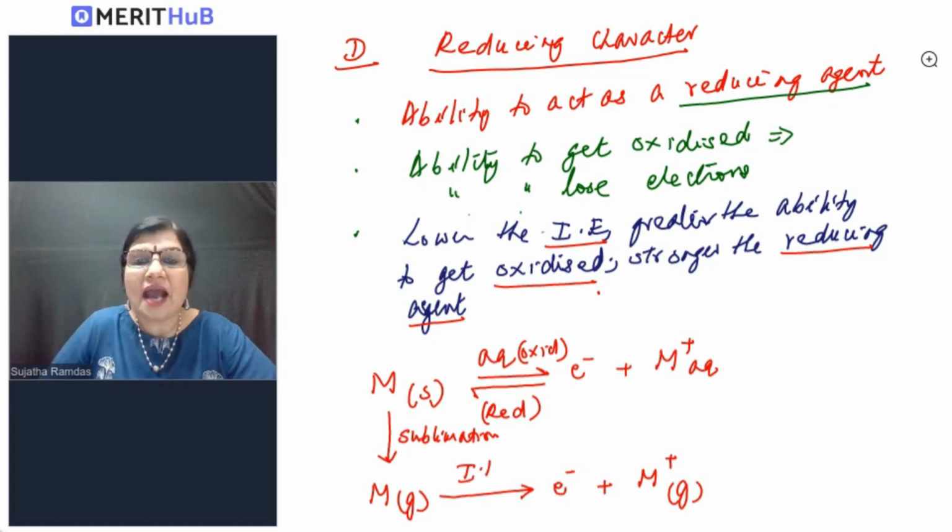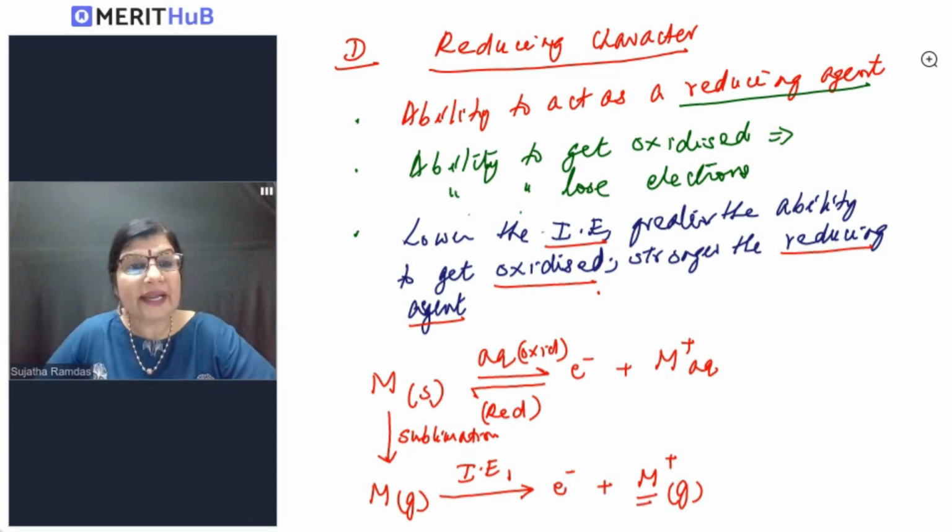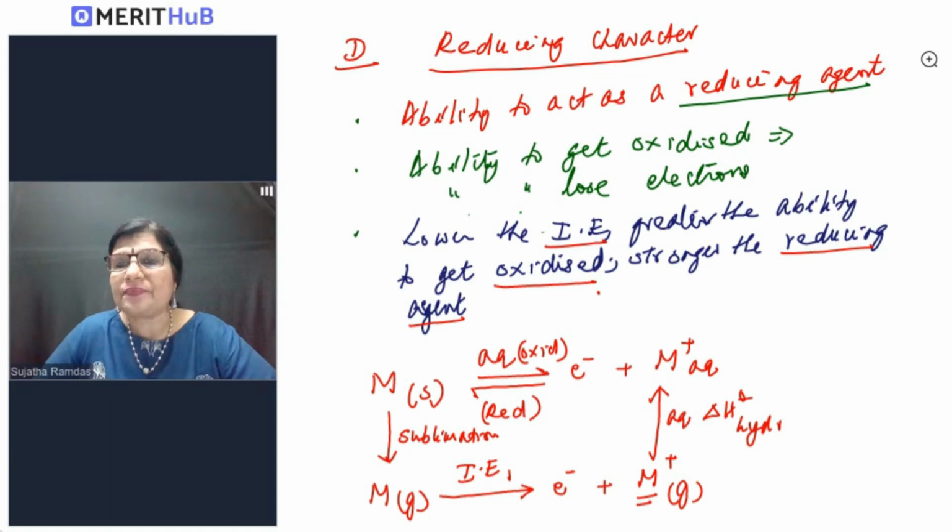This is ionization enthalpy, the first ionization enthalpy. Once we get the metal ion in the gaseous state, the next step is to convert it into the aqueous state in the presence of the aqueous medium, and we call it hydration enthalpy.